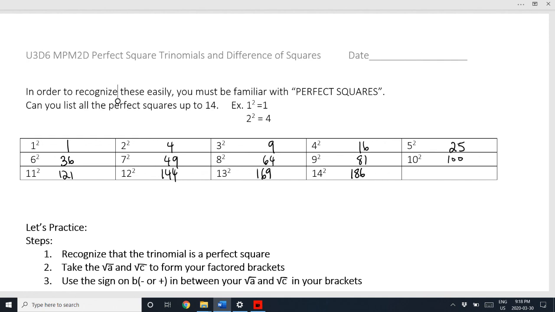So when we see numbers like this for A and C value, it gives us a clue to whether our trinomial is a perfect square or not.